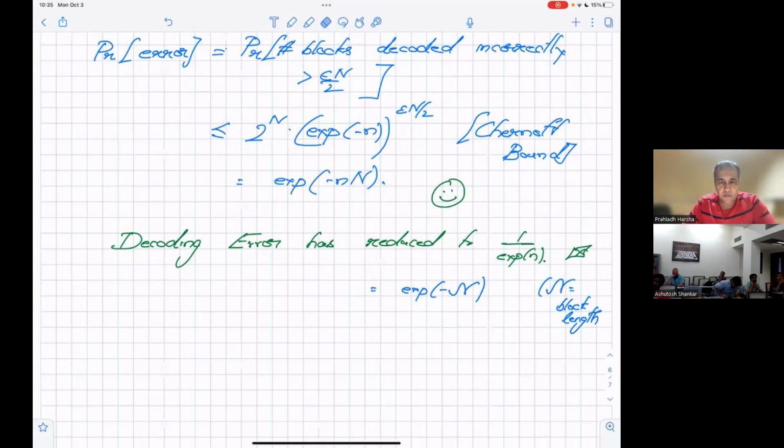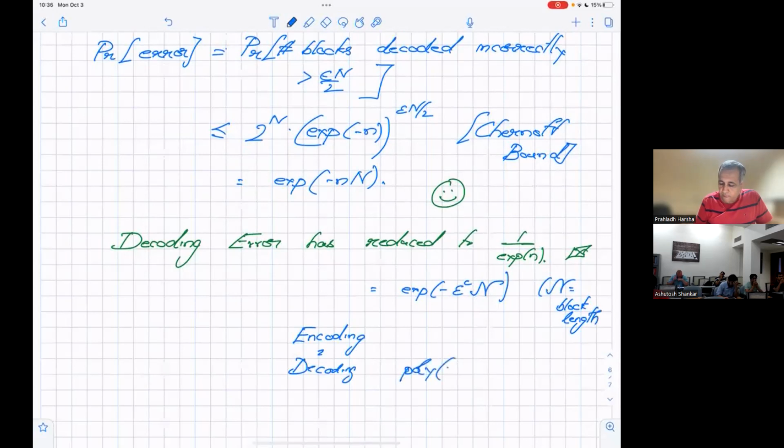What does it give you? There will be some polynomial in n, epsilon to the c, n over here, and the runtime of the encoding and decoding will be poly n plus exponential in 1 over epsilon.